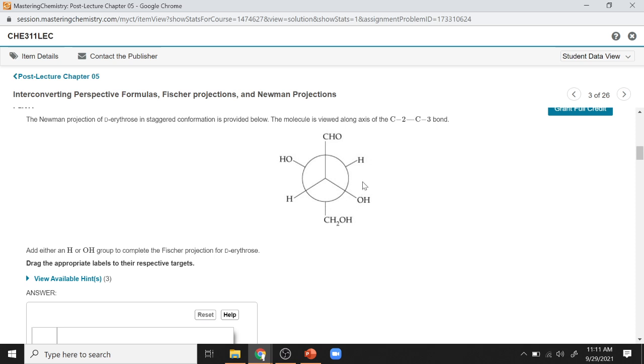You just rotate this up. That would put the hydrogen overlapping this hydrogen, and that would put the OH here overlapping this OH. That's personally how I find it easier. But if it's easier for you to memorize that a 180-degree rotation means you flip sides, that works too.